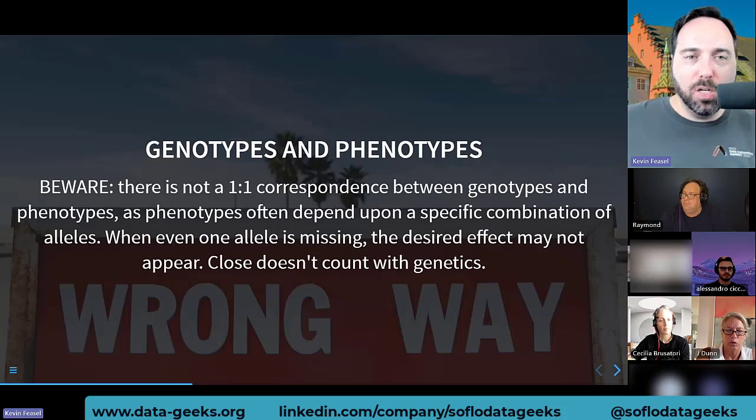And so I can change 1, 2, and 7, and that will cleanly affect one part of the result without affecting everything else. Essentially, this is typically a much more complex problem and a more complex solution set. So when even one allele is missing, you can get a significant difference. Close counts in horseshoes and hand grenades, but it doesn't count with genetics.